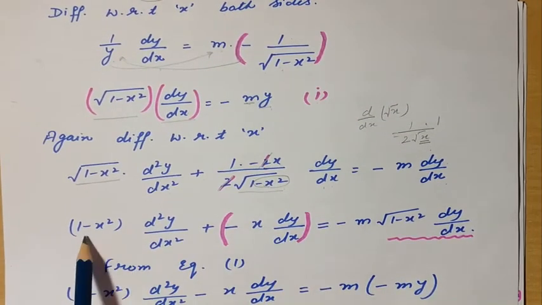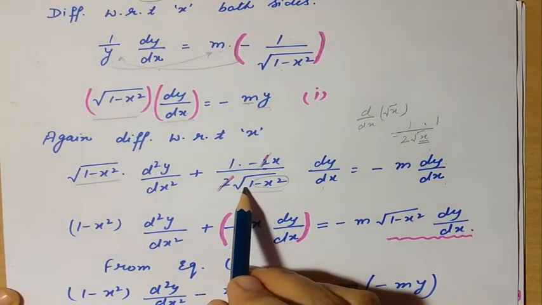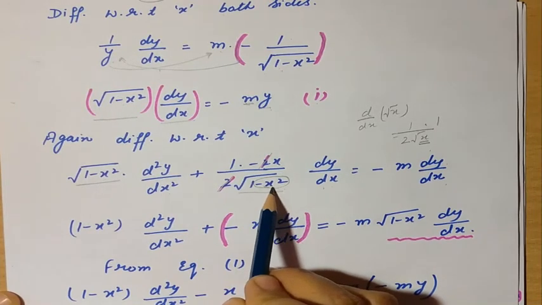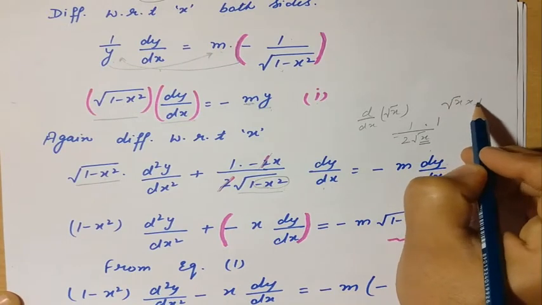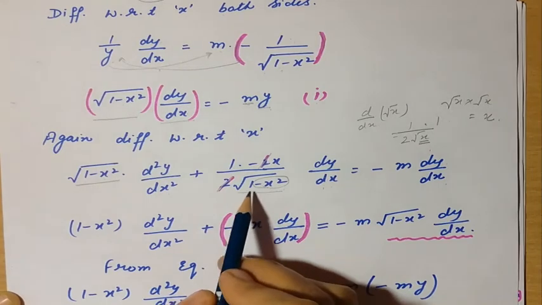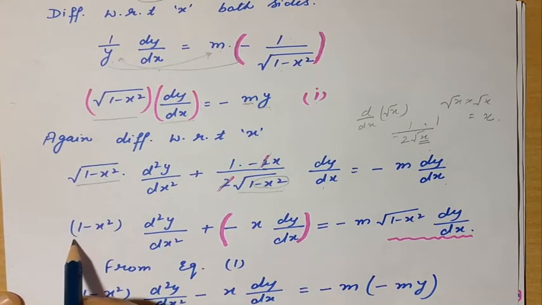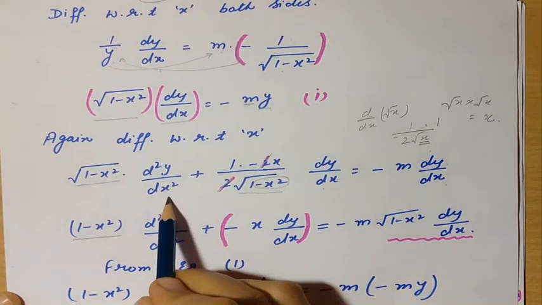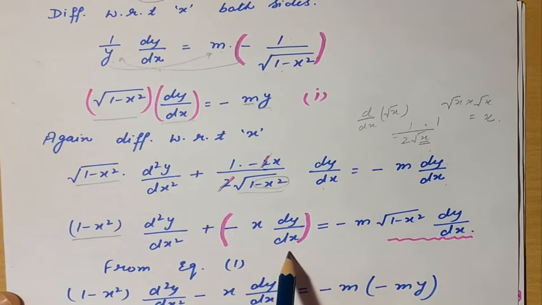Now when we solve the equation, we can take the LCM of under root of 1 minus x square. When we take the LCM, under root x multiplied with under root x will give the result x, and under root 1 minus x square multiplied by under root 1 minus x square will be equal to 1 minus x square. D square y upon dx square as it is, and on this side minus x into dy upon dx.